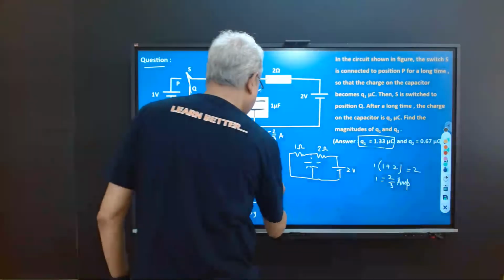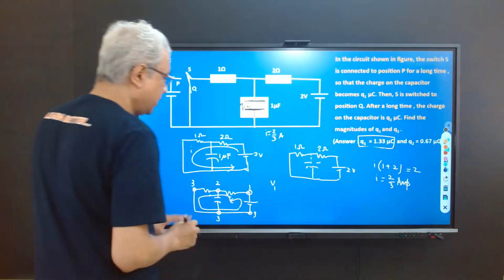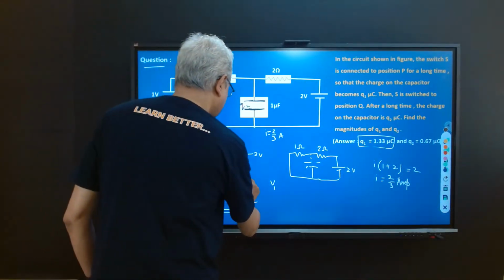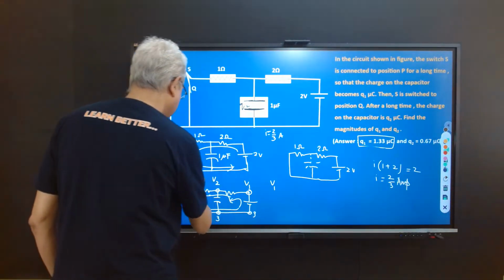So if I write V1, V2 and V3 are the potentials of these points. This is V1, this is V2, this is V3.